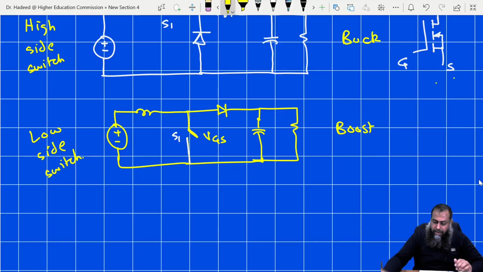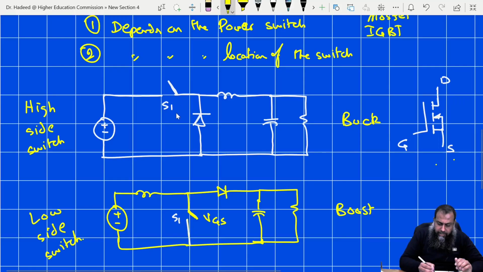Whereas for this circuit, if we want to make VGS greater than the V threshold, there are certain challenges that occur, and we will discuss them when we deal with the high side switch.